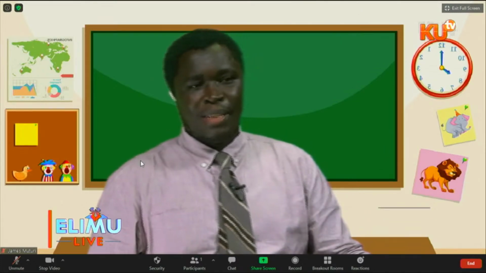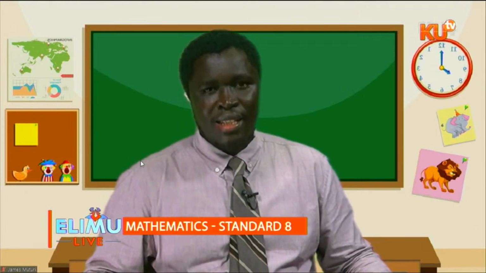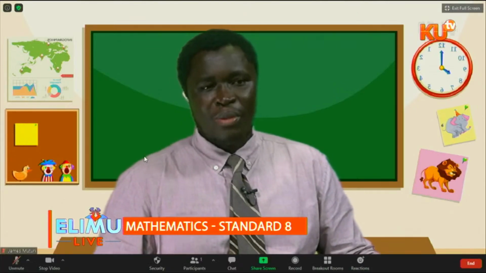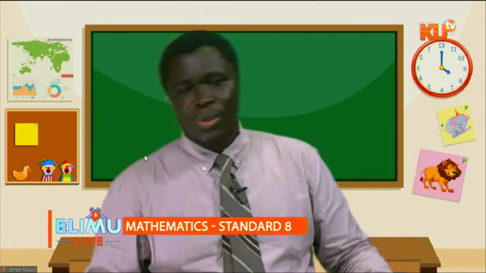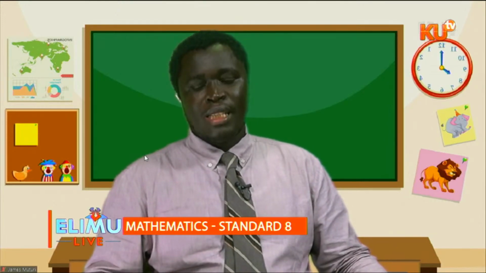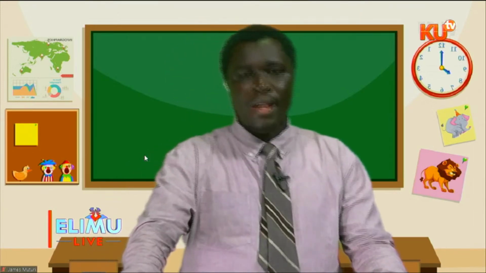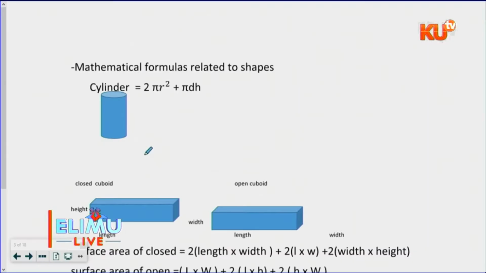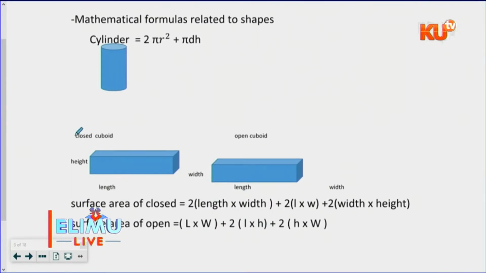I explained earlier, 2 circles, the formula of one circle is pi r squared. Now there are 2, so 2 pi r squared, plus the curved part, circumference times height, giving us pi d h. We'll move to the second shape, and the second shape is a cuboid.